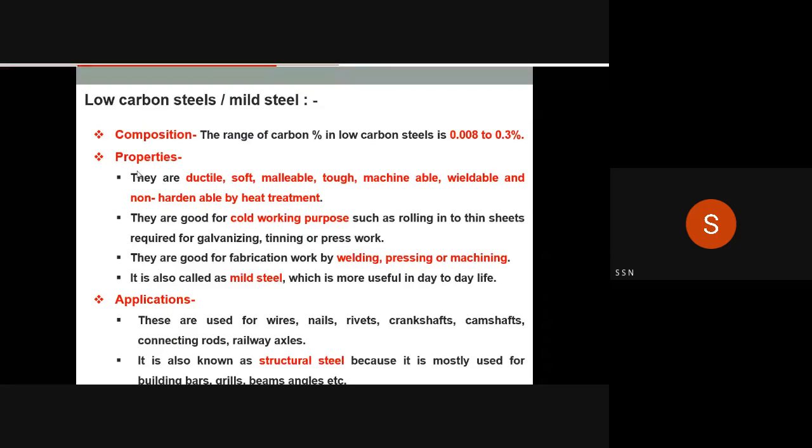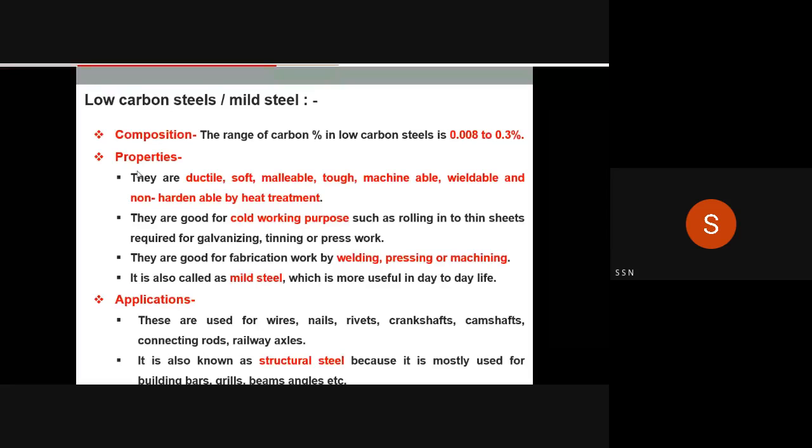What are the applications of low carbon steel? It is used for various purposes such as preparation of rivets, nails, wires, crankshafts, camshafts, connecting rods, and railway axles.